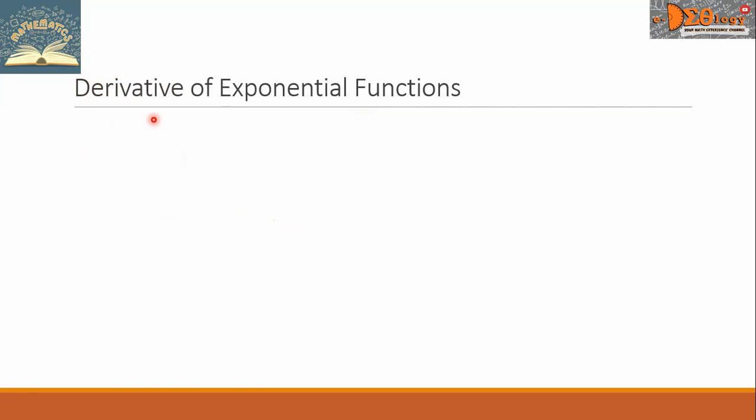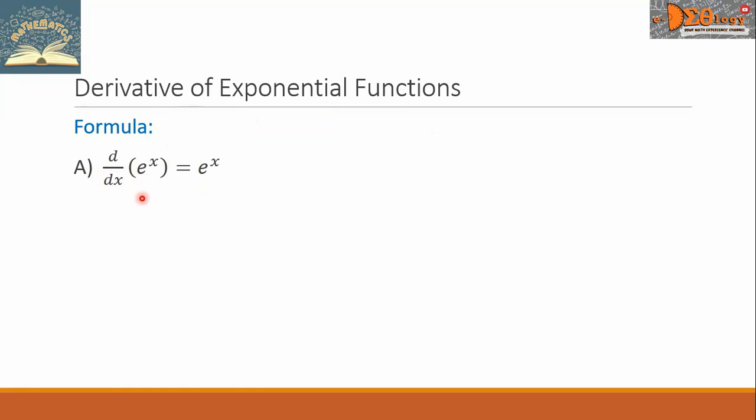We will study now the derivative of exponential functions. Let us write the formula. The first one is d over dx of e raised to x, and this is equal to e raised to x.